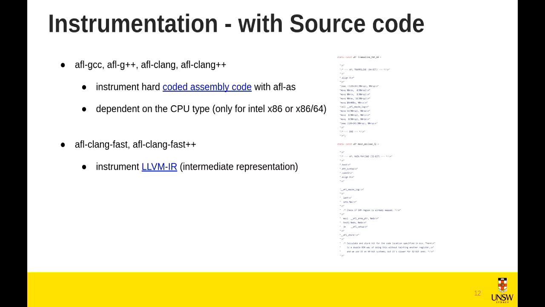So it is actually done on the intermediate representation level. The advantage is that this injected code will become part of the program. If we instrument at the IR level, the injected code will enjoy the compiler optimization. So it will be optimized by the compiler together with the original code of the program. So this normally executes faster. So it is called clang-fast.